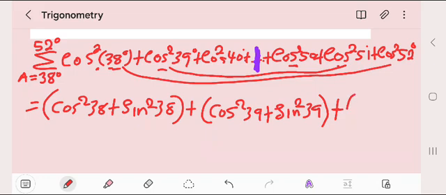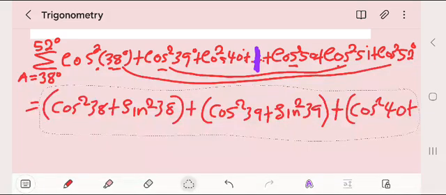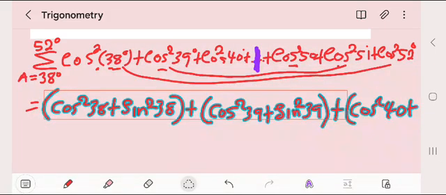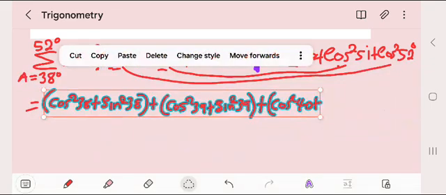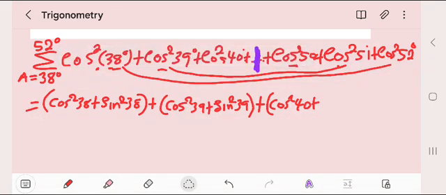There we'll have cos squared 40. Then I add that. I can add these two. So cos 40. Then I can add.